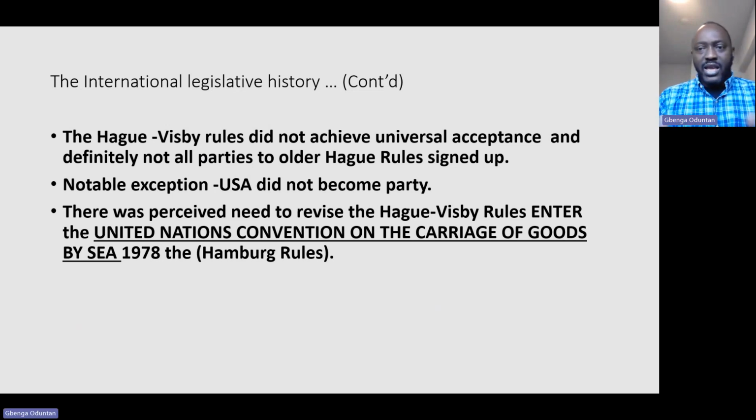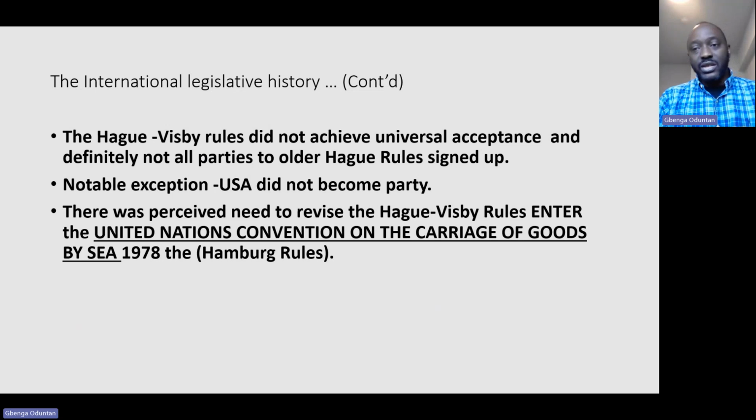Clearly, it should be becoming clear to you that we now have 3 rules. States finding themselves in the 3, making it very confusing which of the rules to adopt or which of the rules has been adopted by the participants in carriage of goods by sea, creating a lot of confusion in the decision of cases across the world in courts.